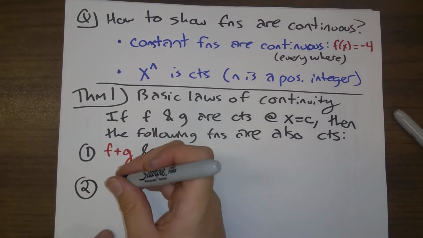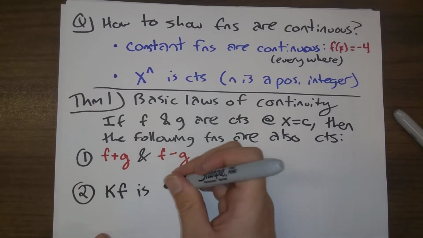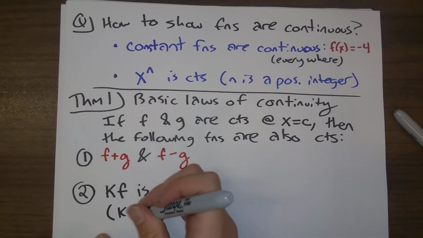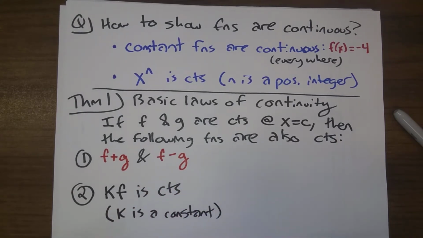Second, we have a constant multiple rule: kf is continuous, where k is a constant. So if your function f is continuous, 3 times f is also continuous.